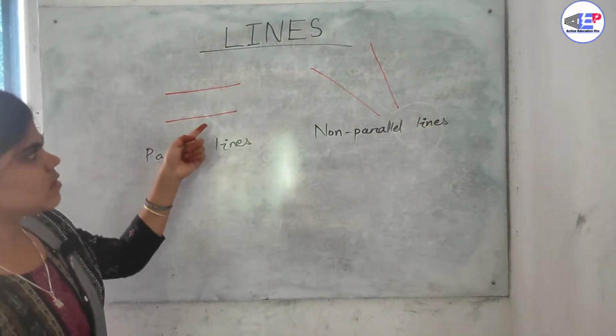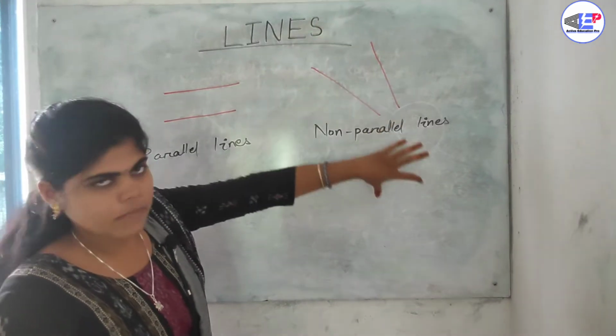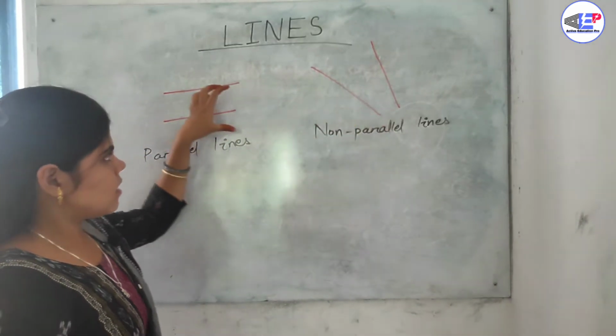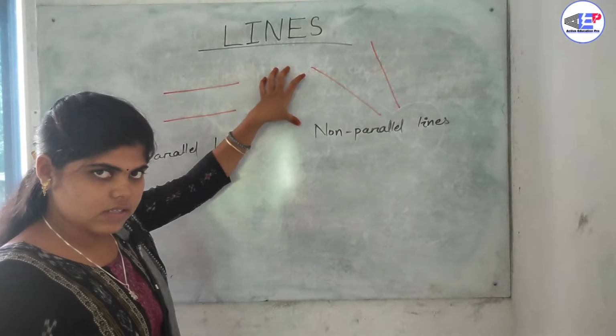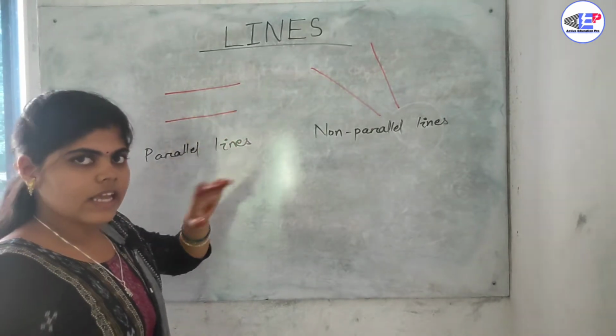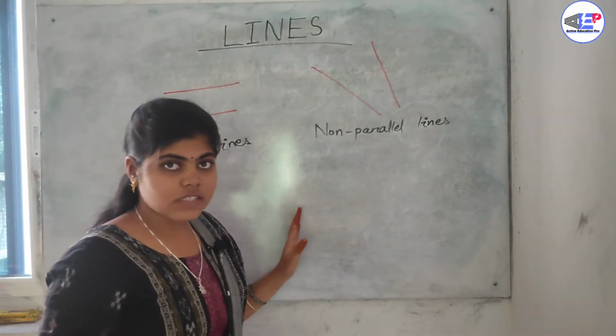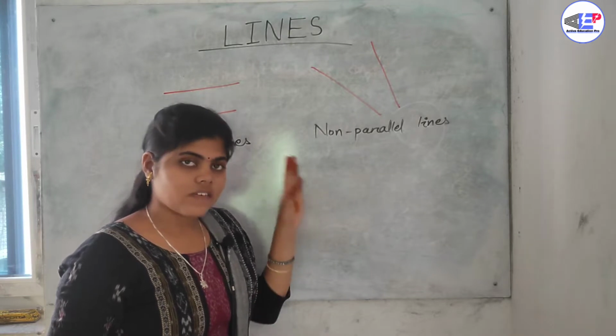This is parallel lines and this is non-parallel lines. Means at the distance of infinity, these two lines never touch or intersect each other.